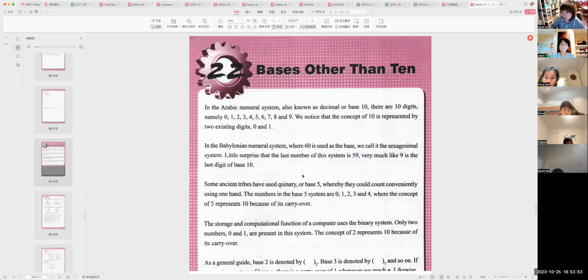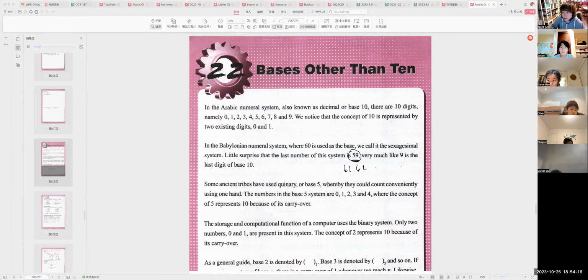Not 100. It's going to be 60, and then 61, 62, 63, 64.